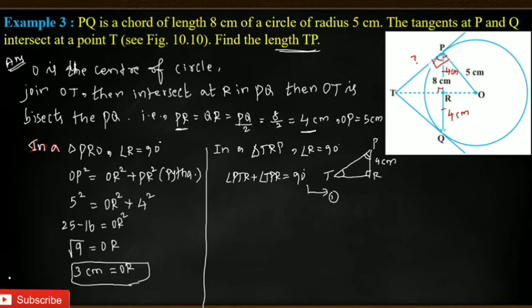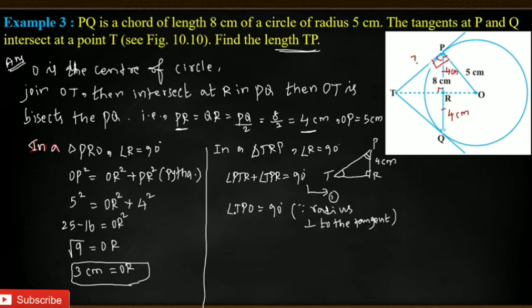Okay. Now let's write this one. You see here. First I'm taking that TPO, which is equal to 90 degree, because radius is always perpendicular to the tangent. I'm writing here perpendicular to the tangent.